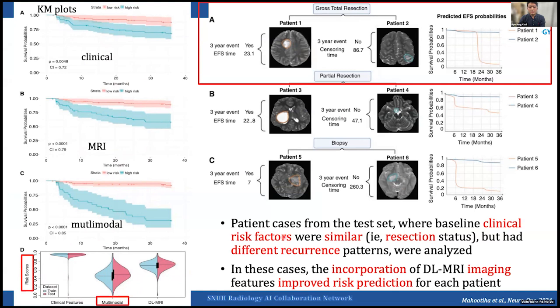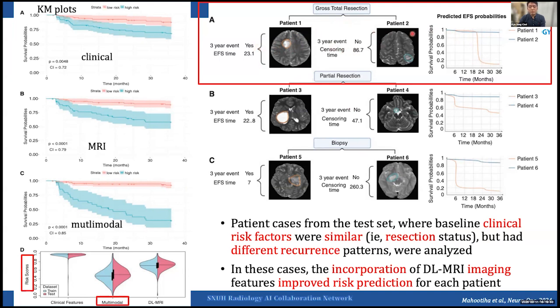Patients from the test set, where baseline clinical risk factors such as resection status were similar but had different recurrence patterns, were analyzed. For example, the first cases were both with GTR, and in patient 1, the predicted survival probability showed a decrease after 23 months, which showed recurrence in 3 years.